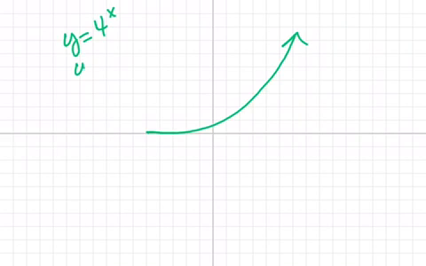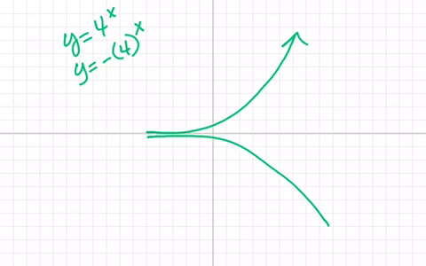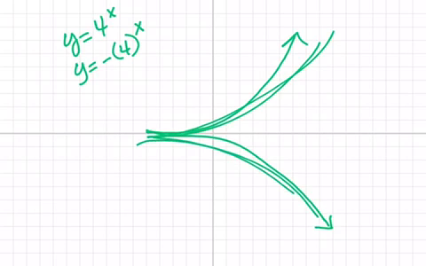If you say y equals -4 to the x power, then you're going to start over here and go down really fast. But it has to be a whole number. So if it's a whole number, it's starting on the left and going to the right, either positive or negative.